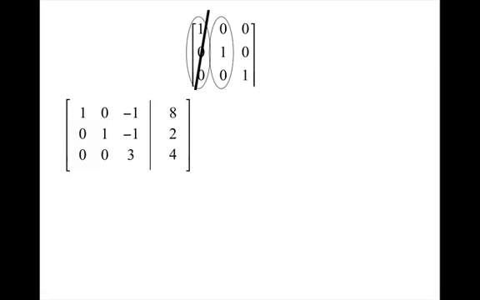Now if you look back at the top of your page, you have the identity matrix for a 3 by 3. We already completed column 1 and it did not change. And now we've completed column 2. So we move on to column 3. I want to get the 1 first and then the zeros. So I want to make this 3 become a 1.